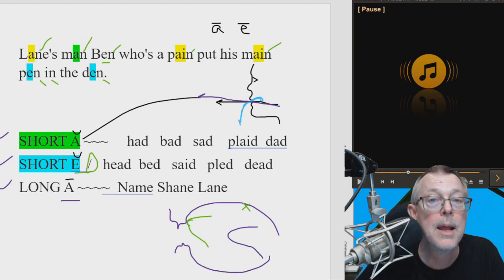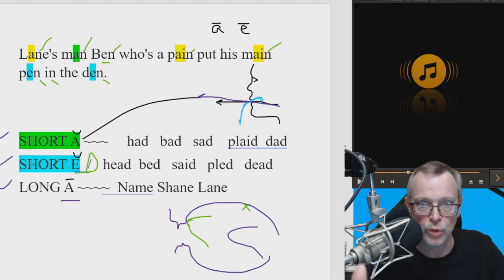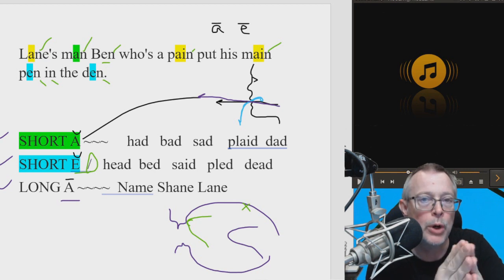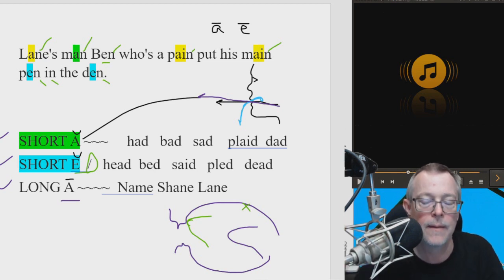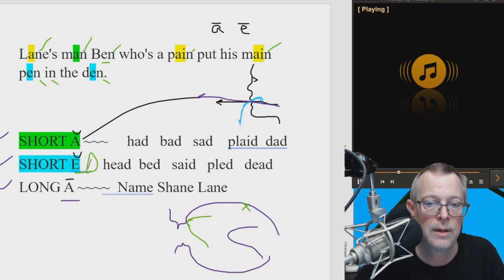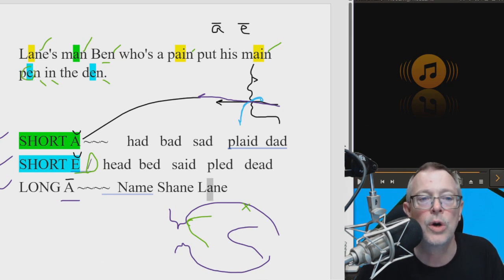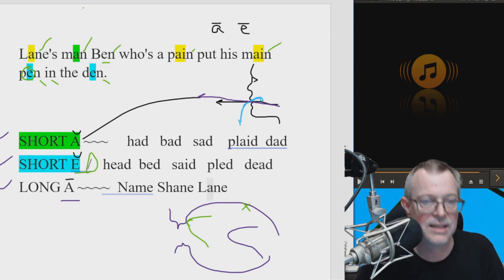Main. Pen. Again, don't stretch it, keep it short. Put his main pen in a den. In the den. Again, all of these vowels here. I'll do this one. Keep it short. Whoops. I don't want that. Come here.